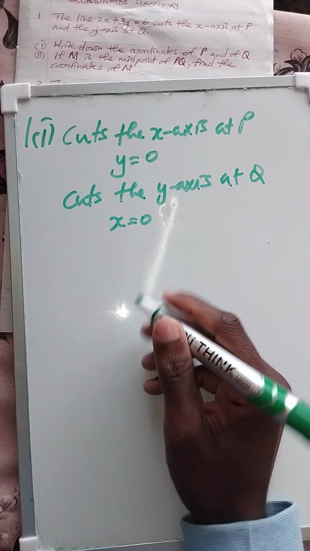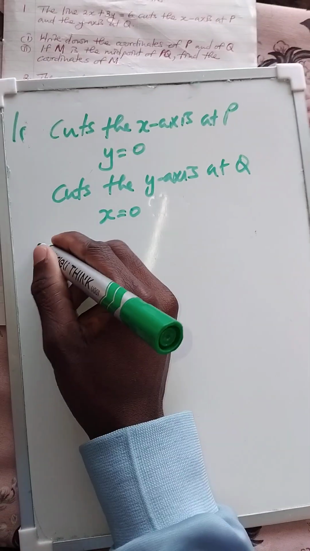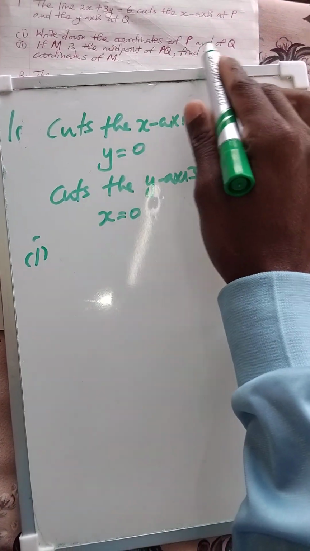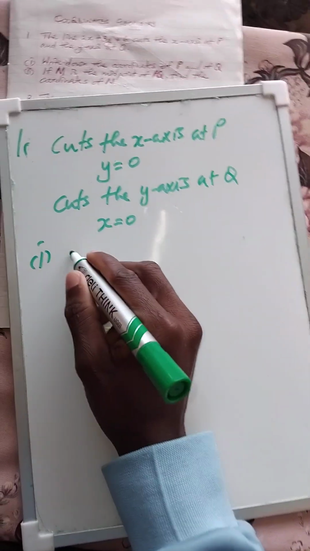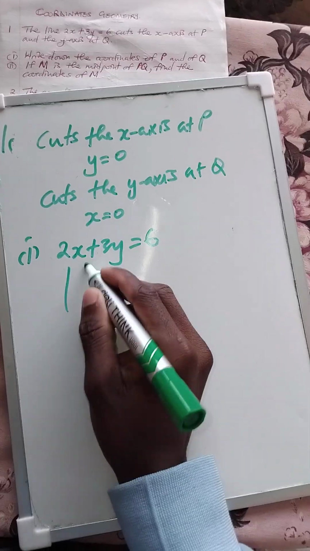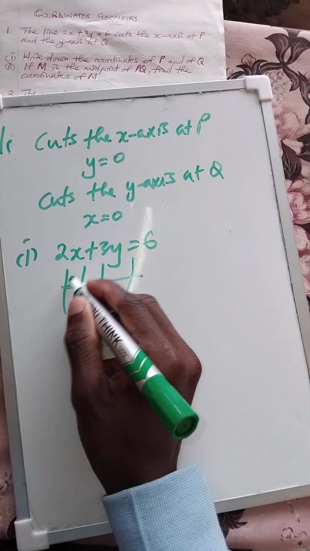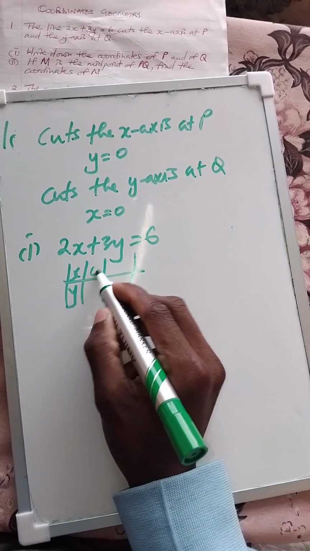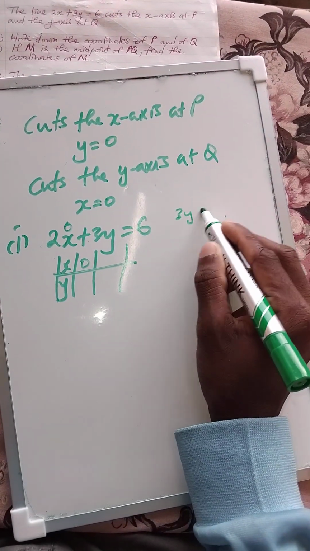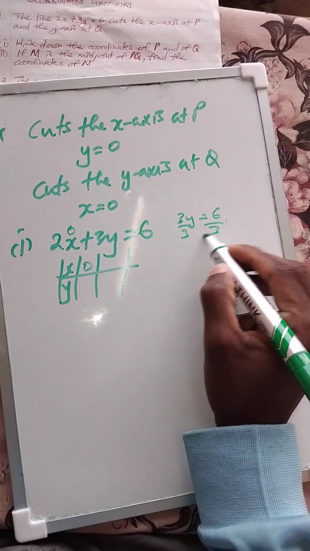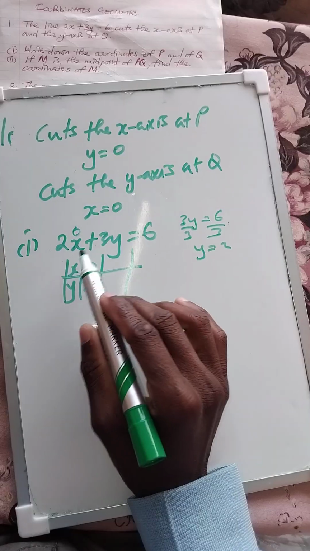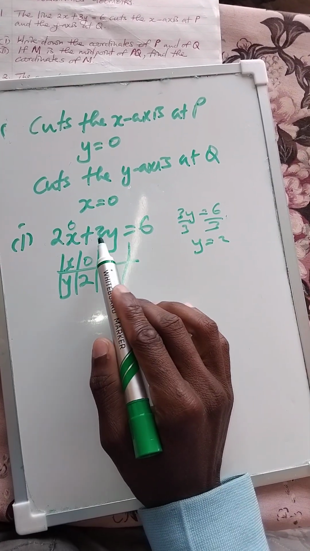Item 1: write down the coordinates of p and q. We have 2x plus 3y is equal to 6. When x is 0, 3y is equal to 6, divided by 3, so y is 2, so (0, 2).